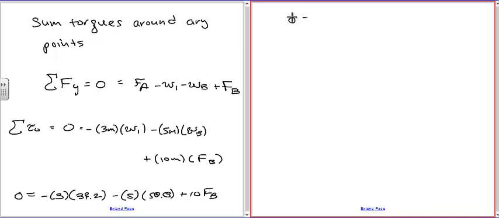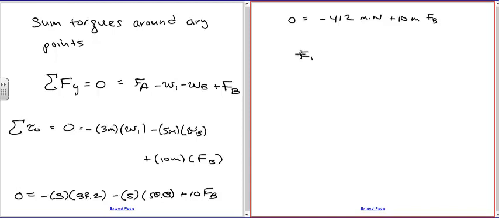So you get 0 is equal to negative 412. And the units are meter newtons, because it's torque, plus 10 meters times F sub B.